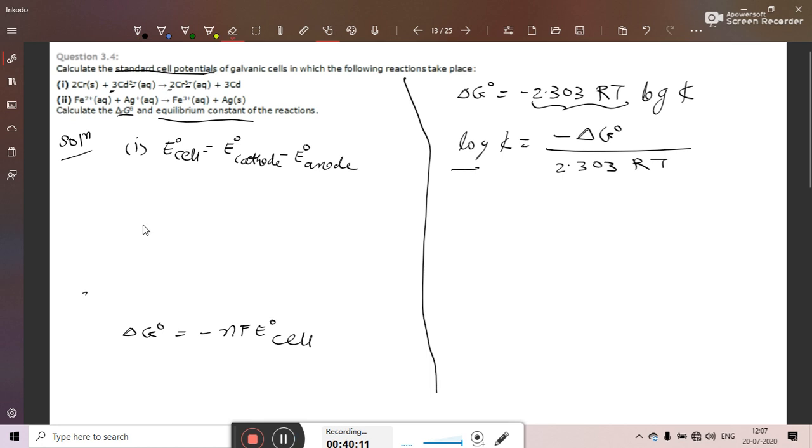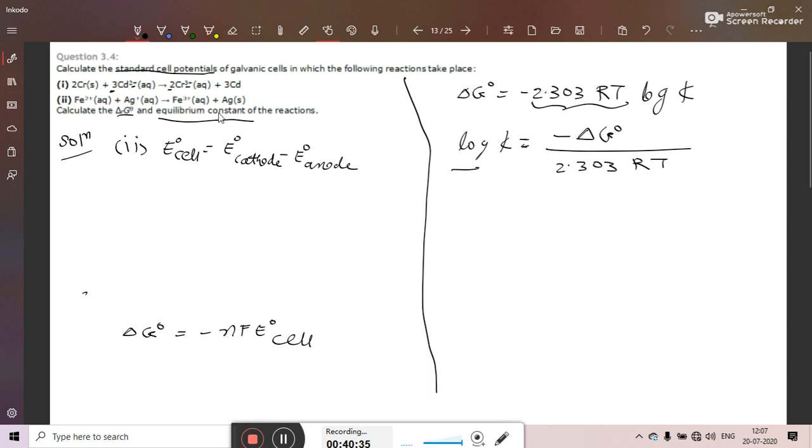Now for number 2, the second part of the same question, we have to find out the same three quantities, that is standard potential, delta G naught and K. So we are going to use the same three equations. Now here Fe2+ plus Ag+ gives Fe3+ plus Ag.